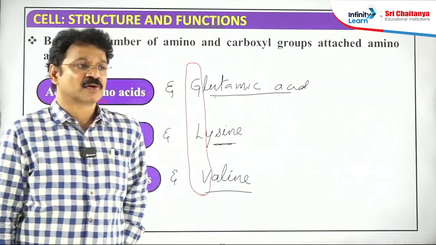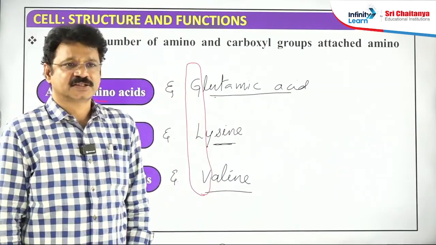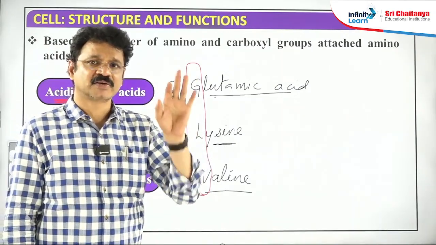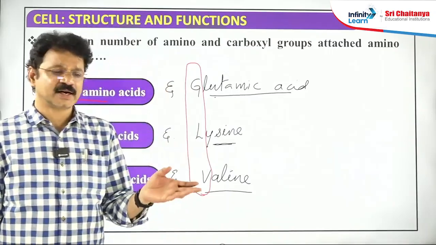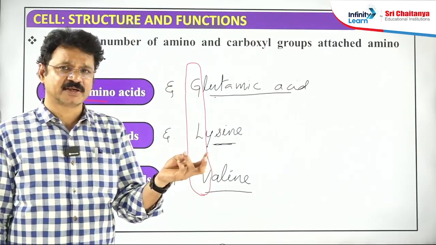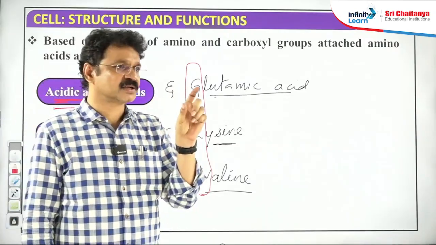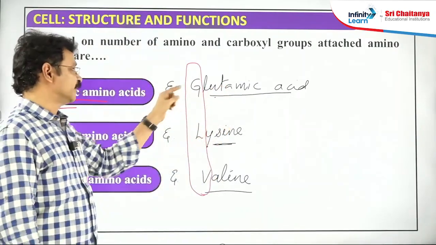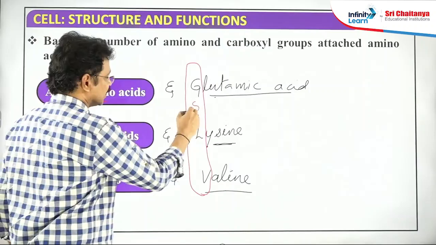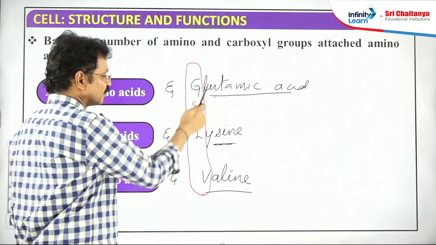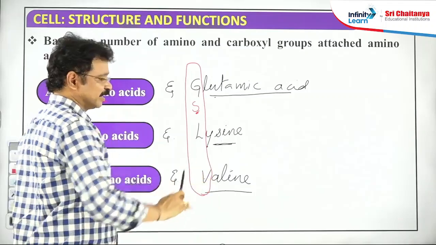India is highly progressive in space research, in manufacturing of satellite launching vehicles. Different types of satellite launching vehicles are there: GSLV, PSLV, SLV. In the highly successful GSLV, the S letter is missing here. G for glutamic, L for lysine, V for valine.